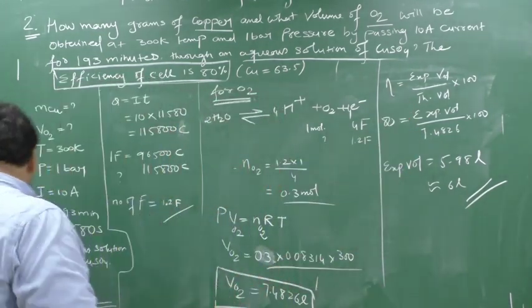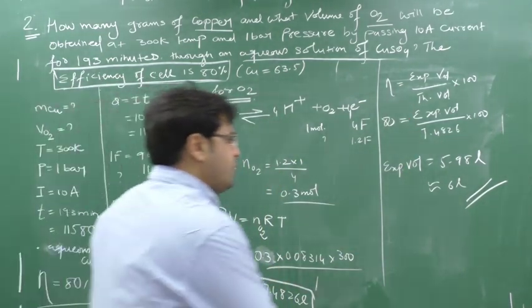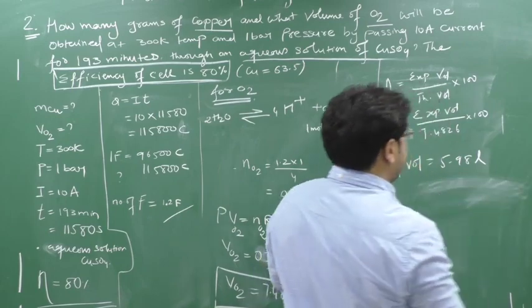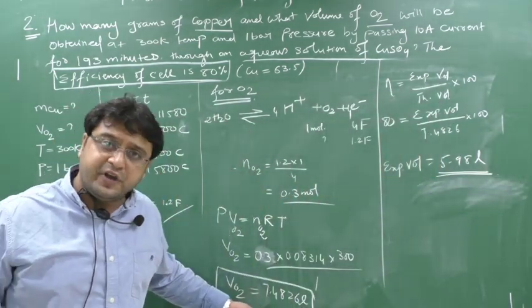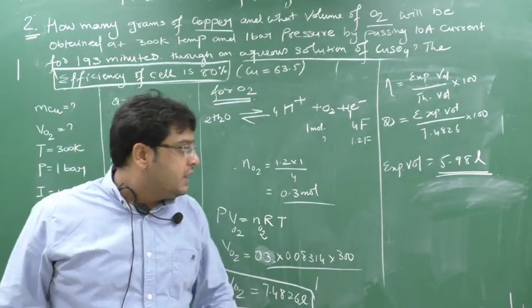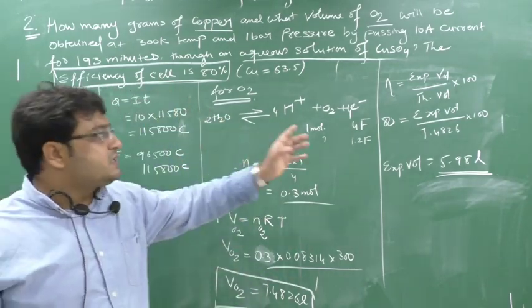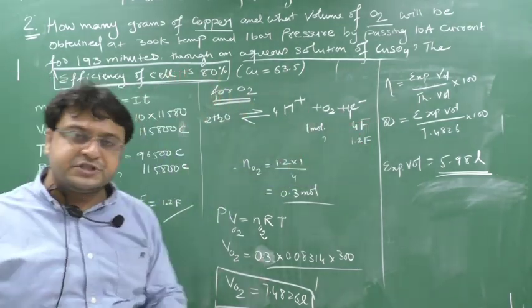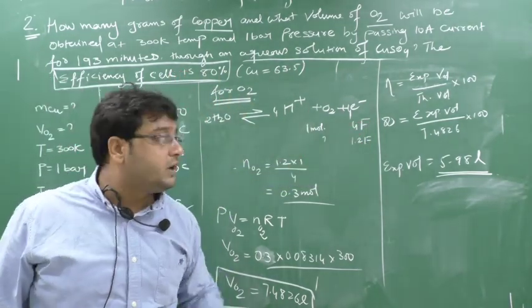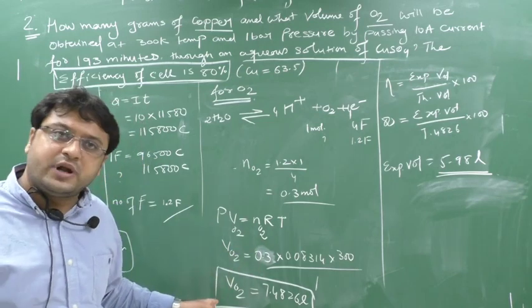So you can write 5.98 liter. The actual answer is this one, not the earlier one, because that is a theoretical answer. If in a question the efficiency is given, please calculate the experimental value. If efficiency is not given, there is no need to calculate the experimental value.